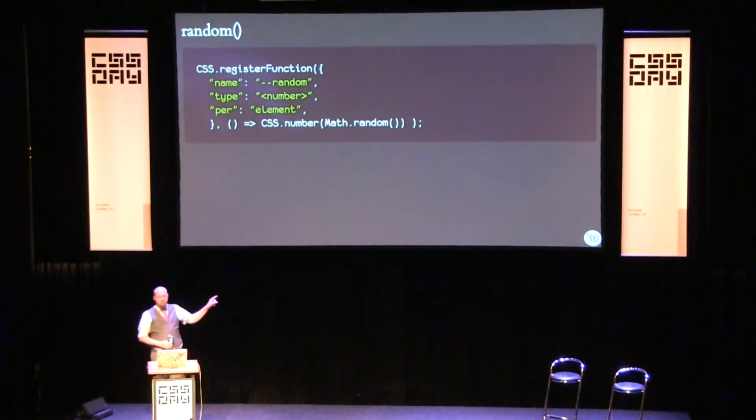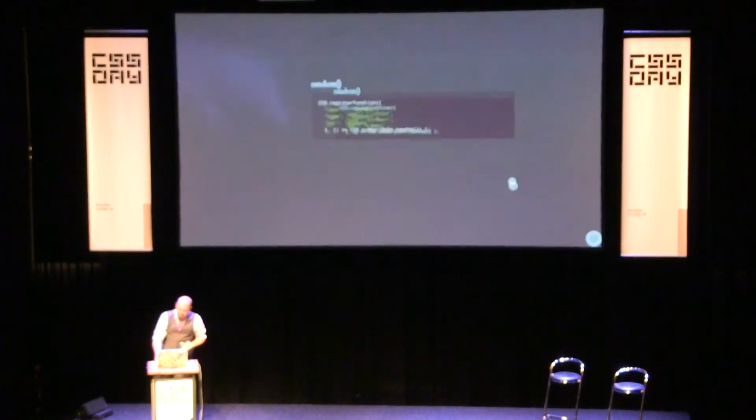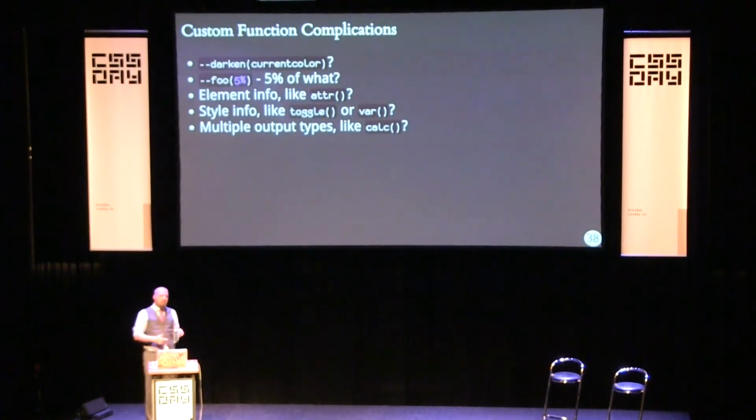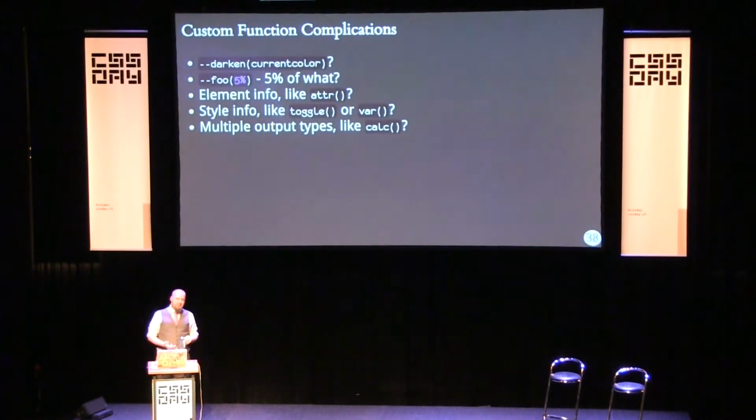Random is defined to always return a number, but calc, the existing function, can return a bunch of things. It can be a number, it can be a length, it can be an angle. Any of the basic value types calc is able to represent. It only does one at a time, though, and we can always tell by looking at its arguments which one it's going to be. So the question then is, can we handle that?